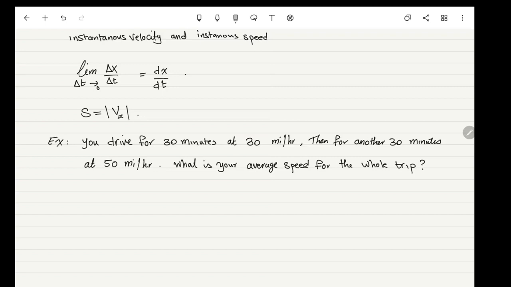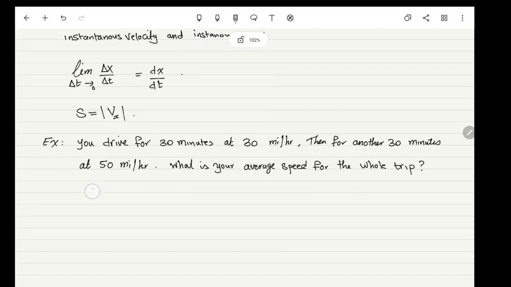Since the time for the first part of the trip is the same as the second part, the average speed is equal to the distance for the first part, 30 miles per hour times 0.5 hour, plus the distance for the second part, 50 times 0.5 hour, divided by the total time.